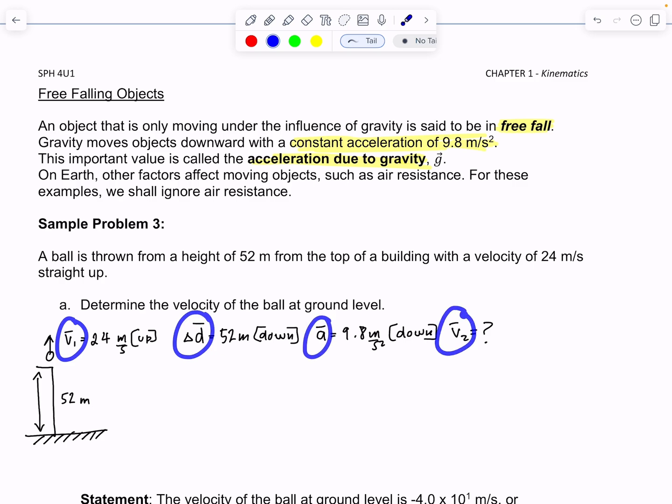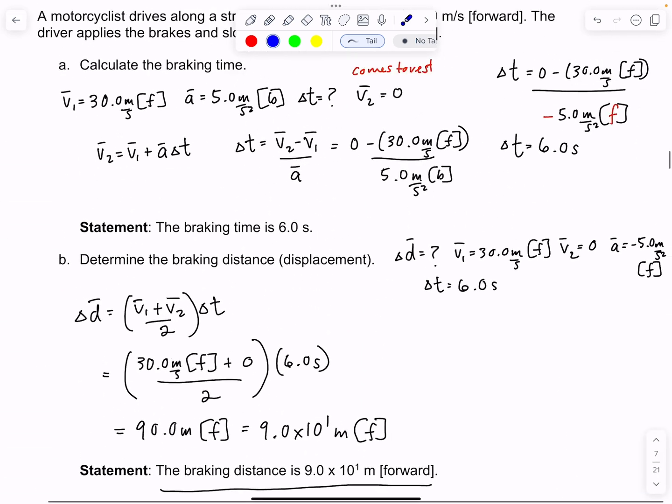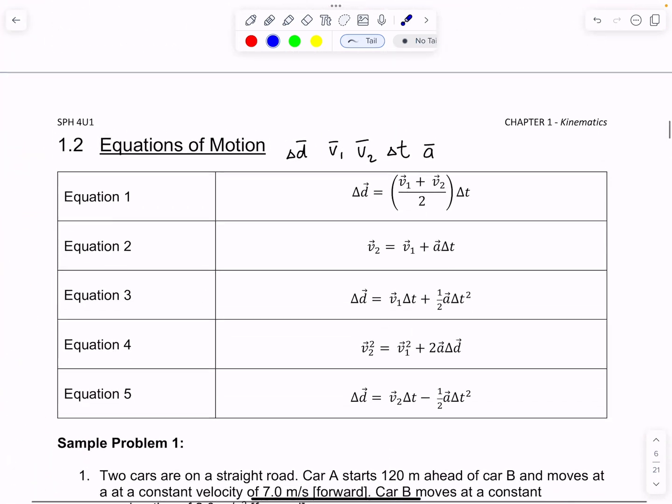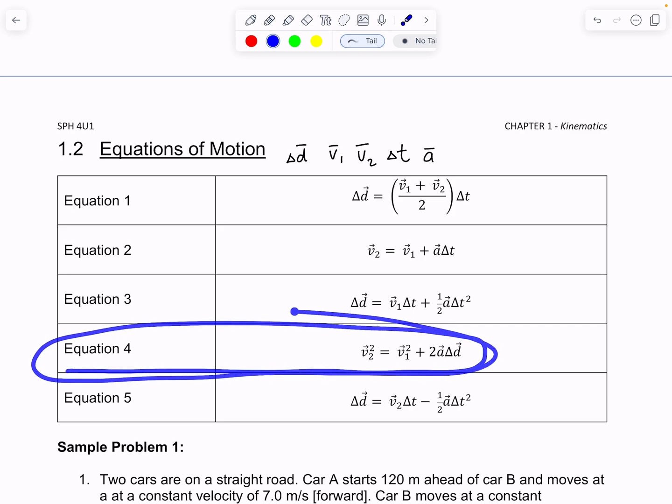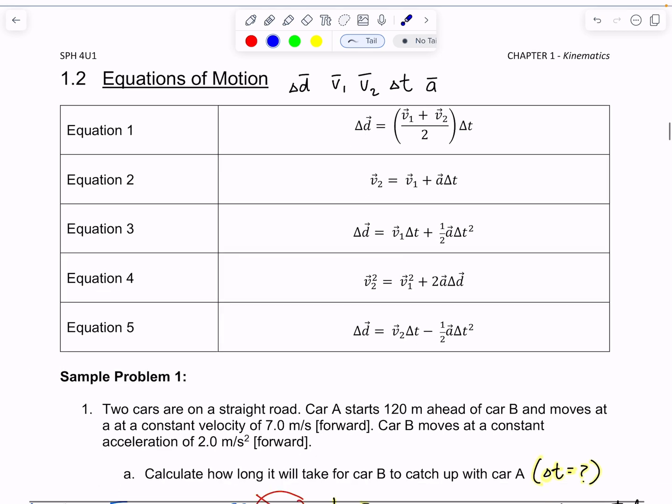Notice that we don't have the variable time. It's not given to us. So we need an equation from up above that does not include time. If we examine these equations, we can see that equation number 4 has V2, V1, A, and delta D, and doesn't require time. So we'll be using equation number 4.